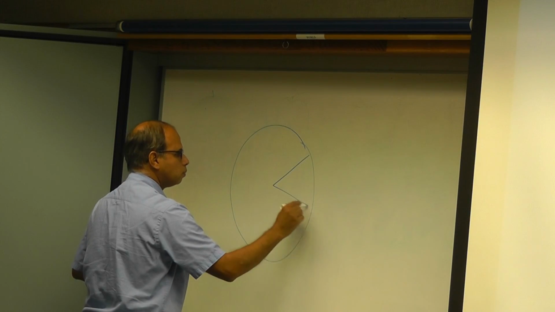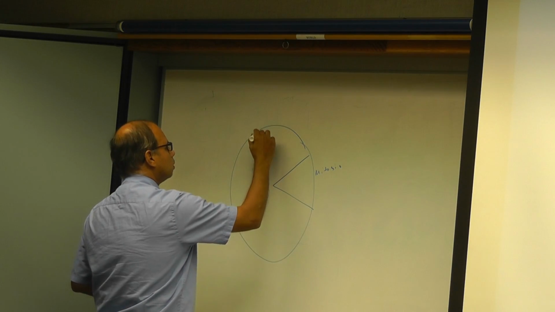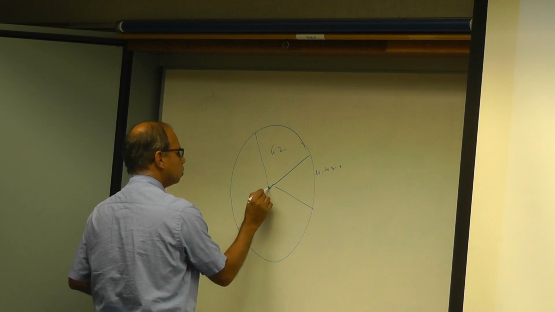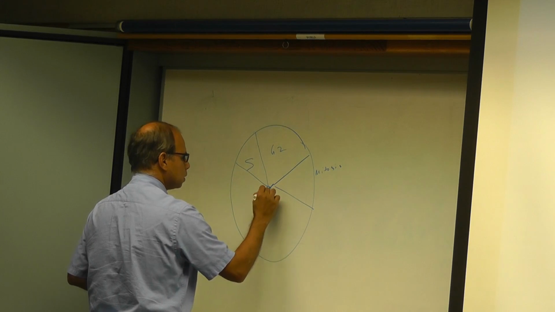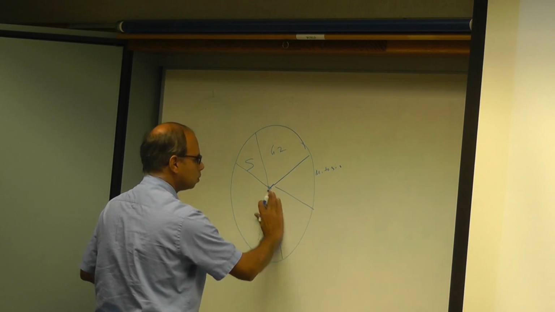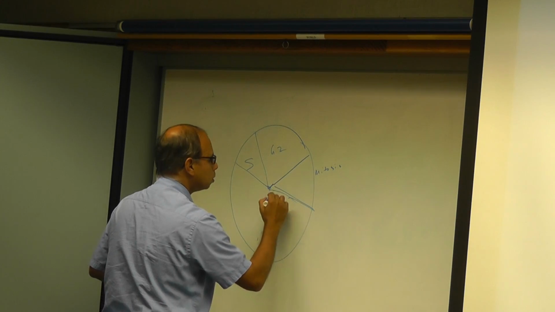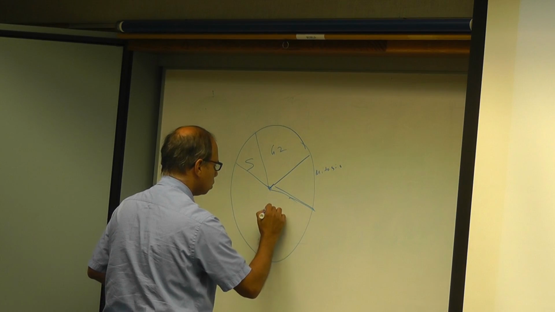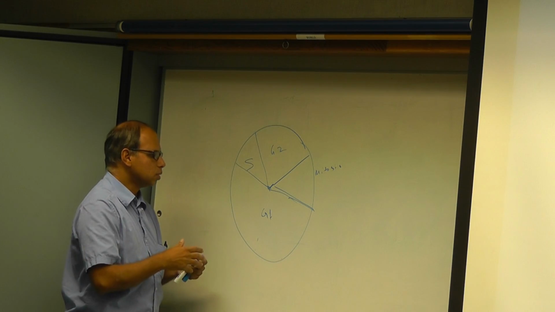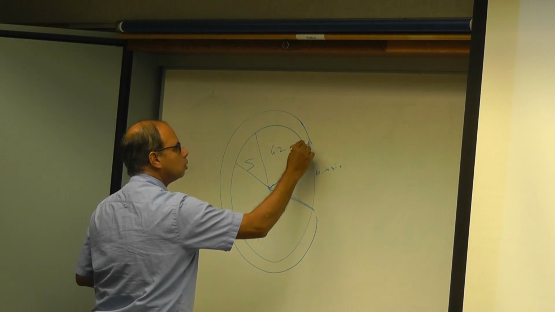So this is called mitosis, and then this is called G2, and then S, and then this is G1. So G1 is growth 1, S phase is an intermediate phase, and this whole thing is called the interphase.